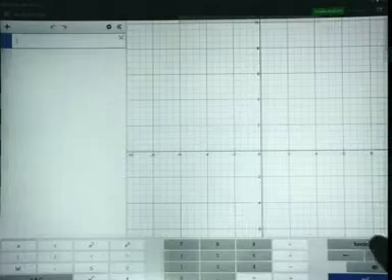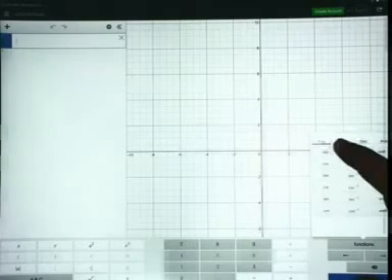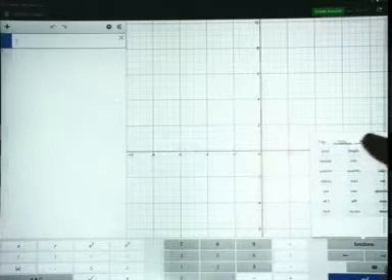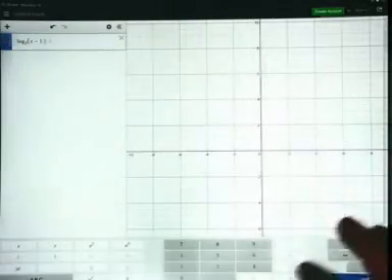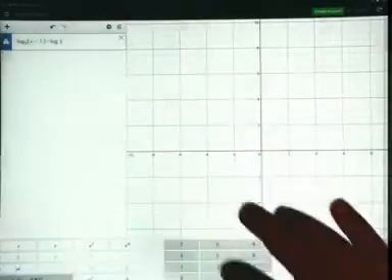So, functions. Log base 3 of x plus 1, or excuse me, x minus 1, minus log base 3 of x plus 2.